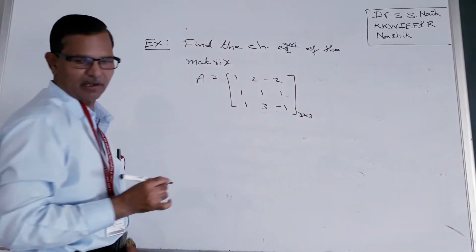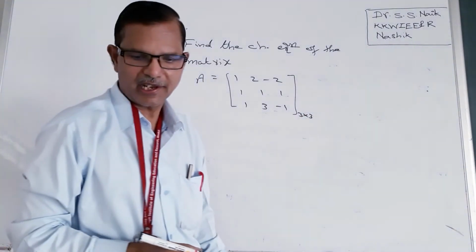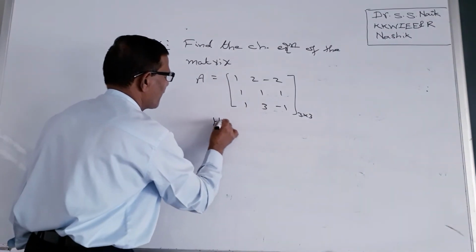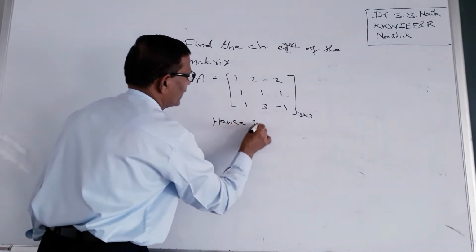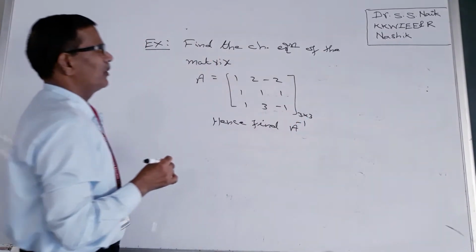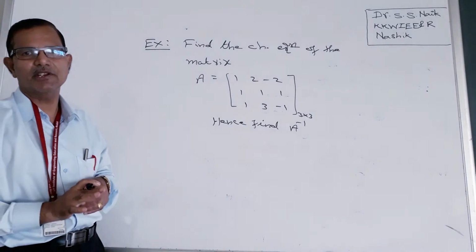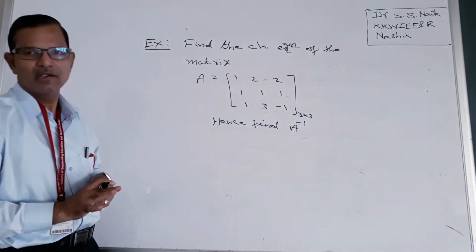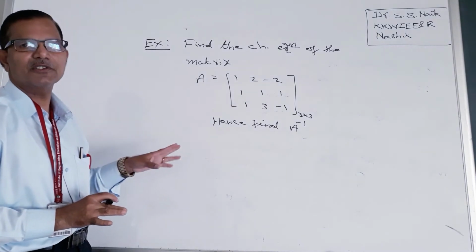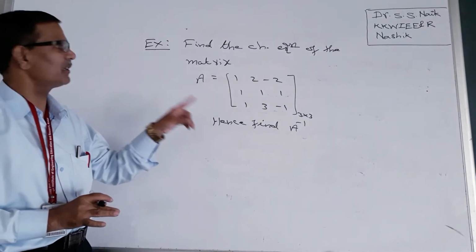This is a 3 by 3 matrix, and hence find A inverse. When this occurs in the examination, it will carry 6 marks for finding A inverse by using the Cayley-Hamilton theorem.